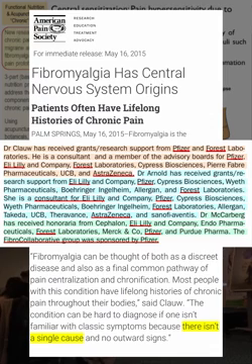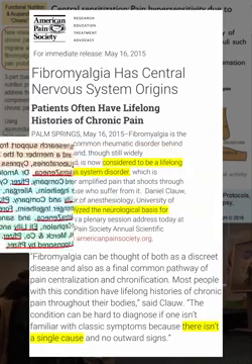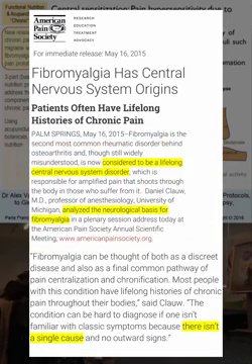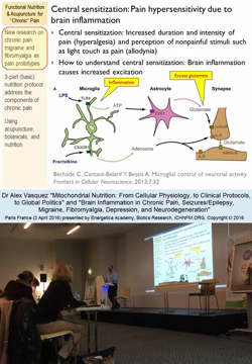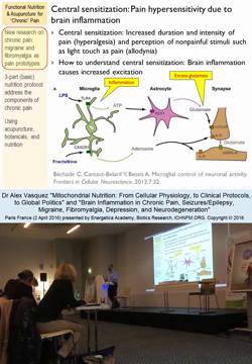And in my opinion, that is correct. I agree with it. The difference is that they say that central sensitization has no known cause, and I completely disagree with that. So we're starting from the same idea that chronic pain is caused by central sensitization.